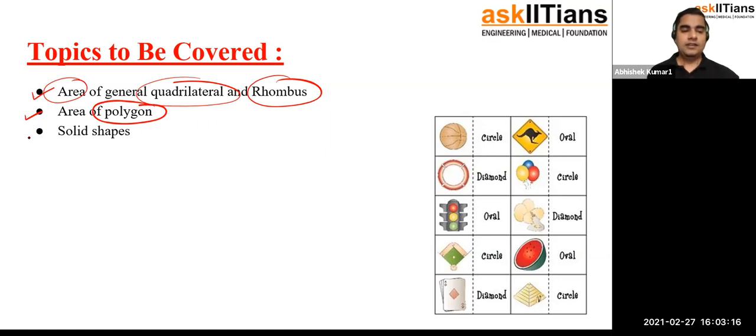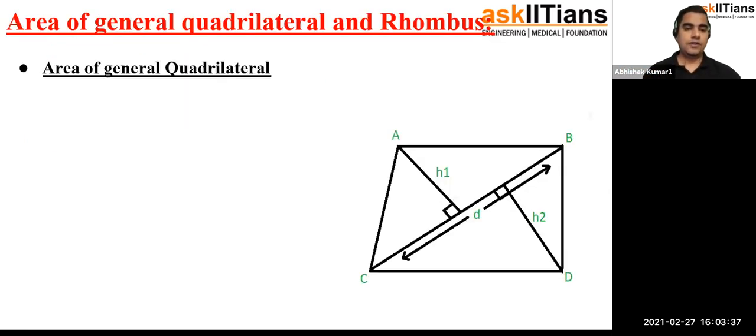And the third is we are going to discuss what solid shapes are. We will try to derive the result wherever possible. Apart from that, we will also learn the application of these formulas or the topics that we are going to cover in today's session. So let's start with the very first topic.